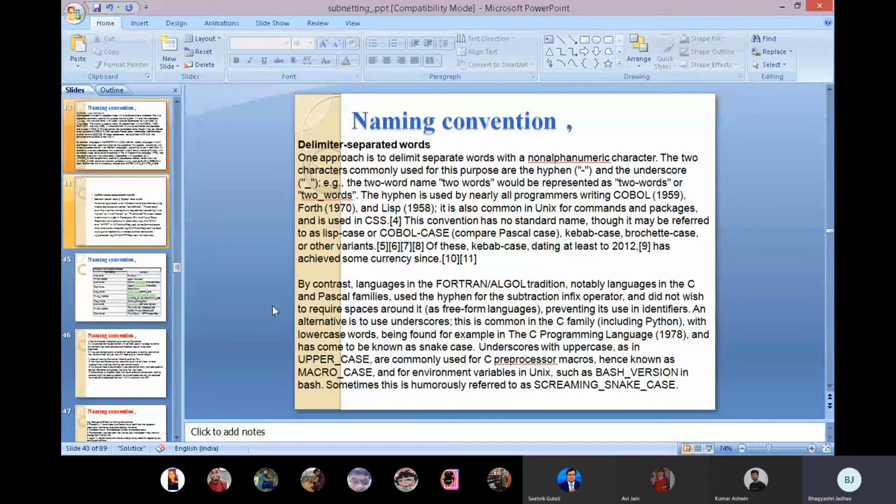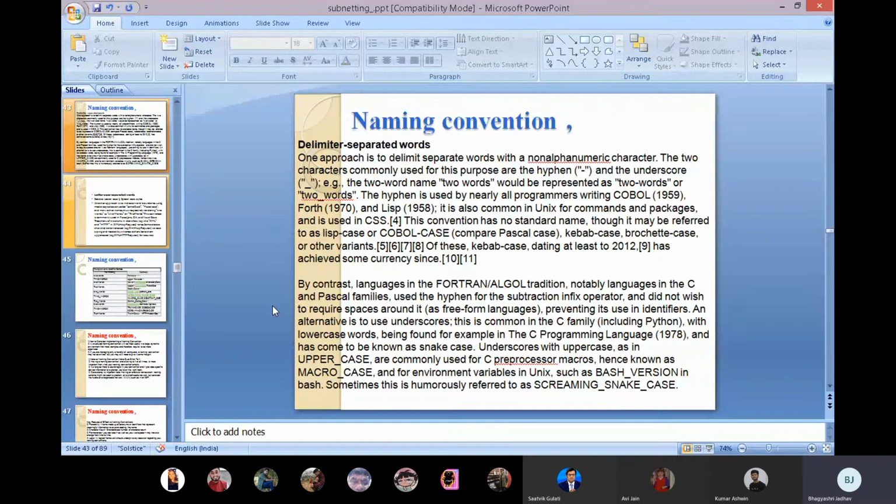The hyphen is used by nearly all programmers within COBOL in 1959, Forth in 1970 and Lisp in 1958. It is also common in Unix for commands and packages and used in CSS. This convention has no standard name, though it may be referred to as lisp-case or COBOL-CASE.